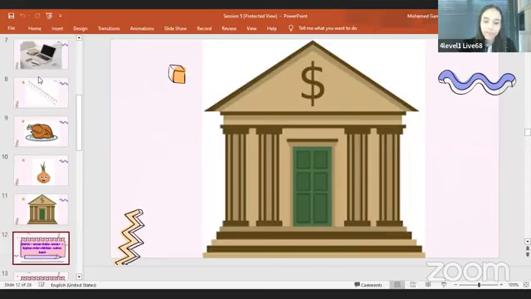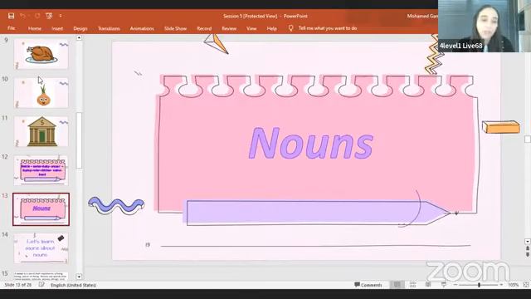Great. So all of the words you saw in the pictures are nouns. Why? Because they are names. We use them to identify a thing. So we call them nouns.